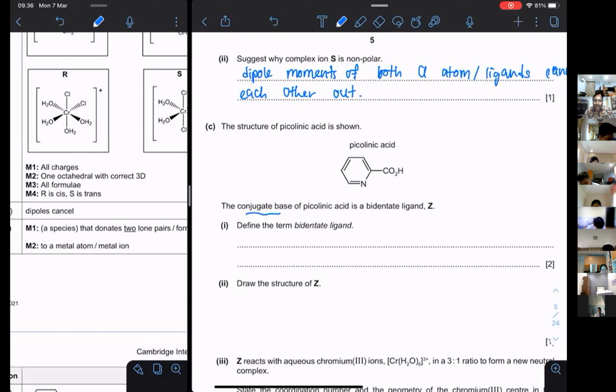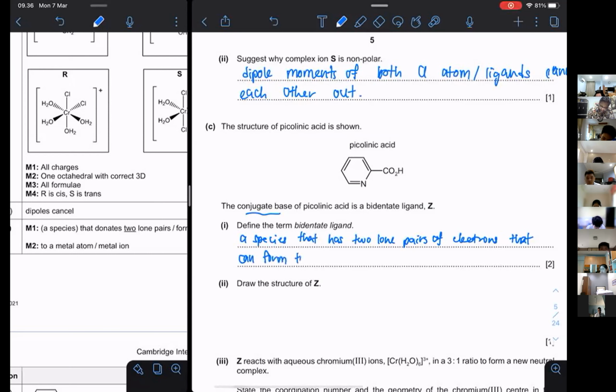So here, a bidentate ligand is a species that has two lone pairs of electrons that can form two dative bonds with a metal or metal ion. And this is very important.